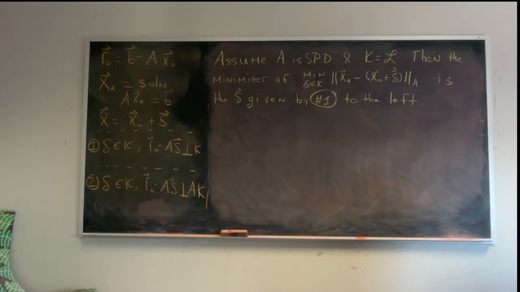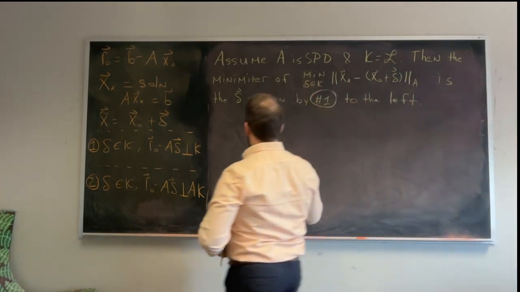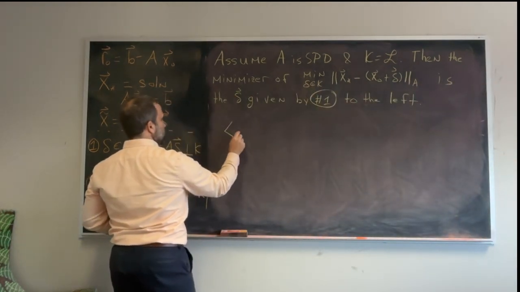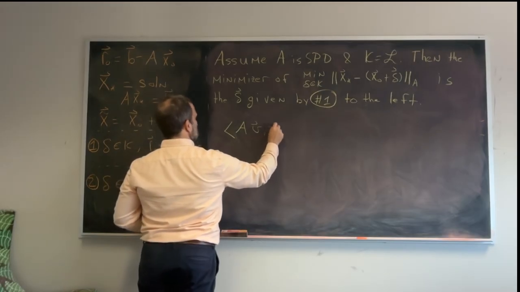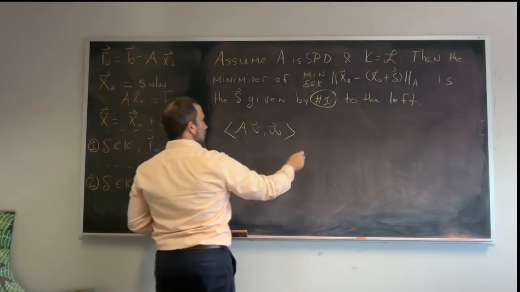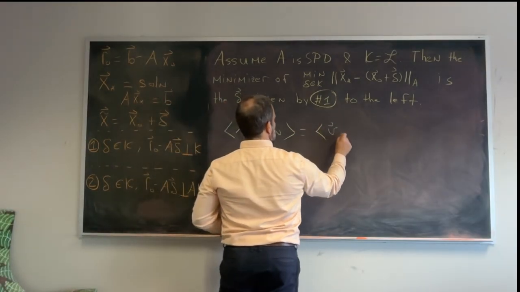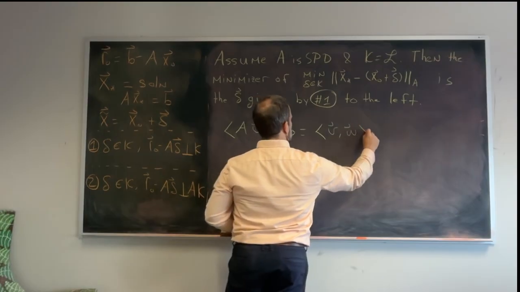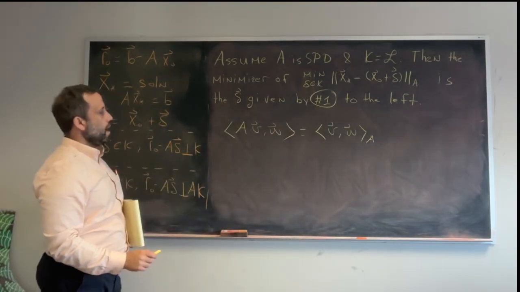Let me remind you what the A norm is. We have the A inner product of v and w. This is the standard inner product, and we can write it as (v, w) with an A there, letting us know that it's defined in this way.